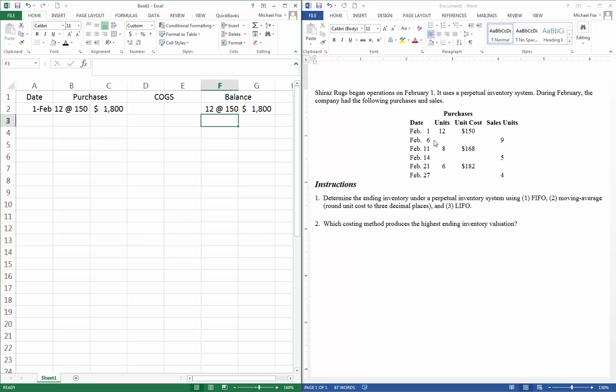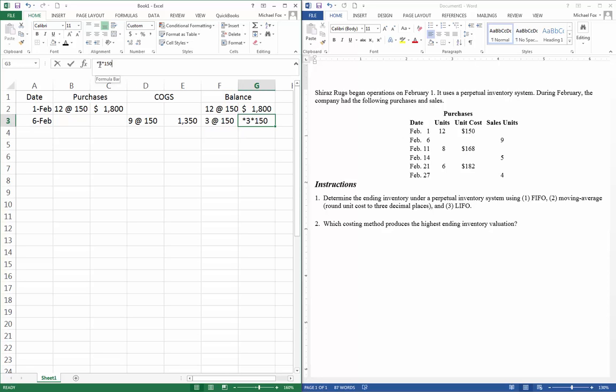On February 6th, we sold 9 units. So we'll record 9 at $150. And we'll have a balance then. If we had 12 and we sold 9, we'll have 3 units at a cost of $150 a piece.